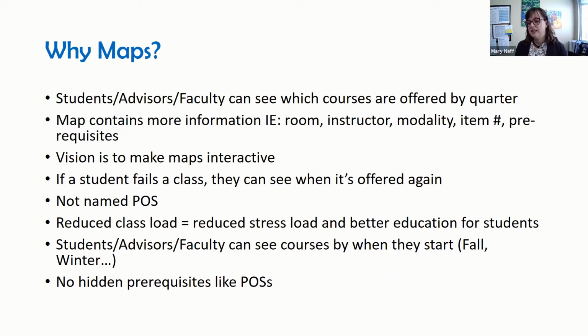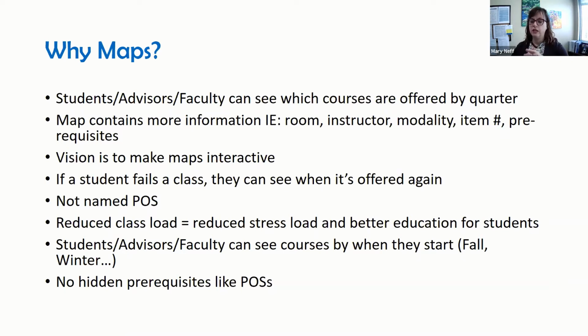And then programs of study have kind of hidden prerequisites. Talking to faculty, we don't necessarily have prerequisites in the catalog, but talking to instructors, they'll say, oh yeah, you have to take safety before you can take these other courses, but it's not documented anywhere. With this, we have a tool to document that.